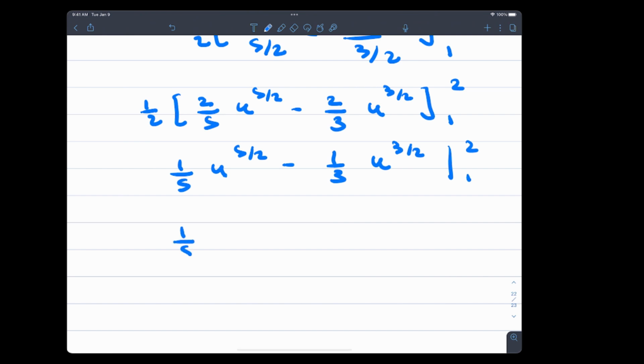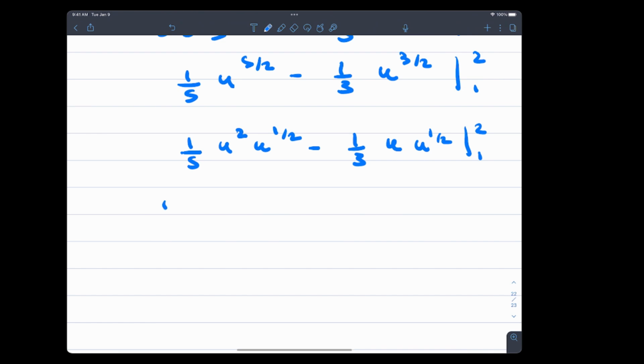You guys know what I mean? Isn't that 2.5? So it's u squared u to the 1/2 minus 1/3 u, that's 1 and 1/2, u to the 1/2. One-fifth 2 squared square root of 2.